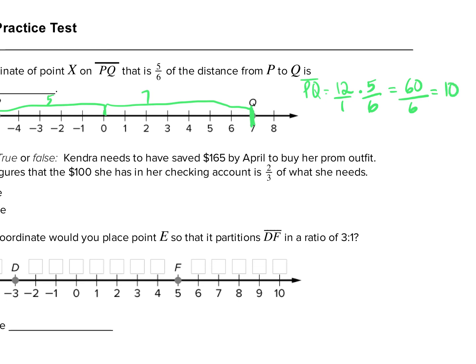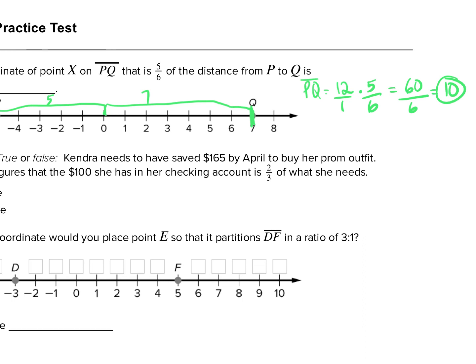So 5/6 of 12 is 10. So if this was in inches, it's really units because it's on a number line. So 10 units represents 5/6 of the total 12 unit length.